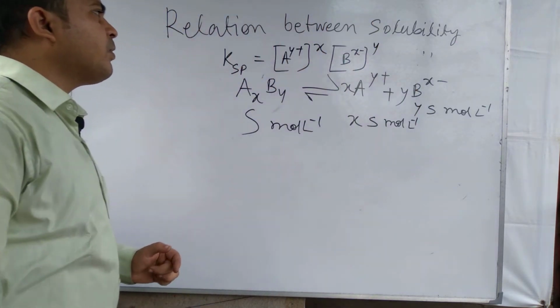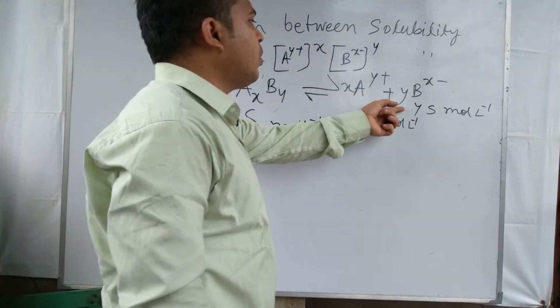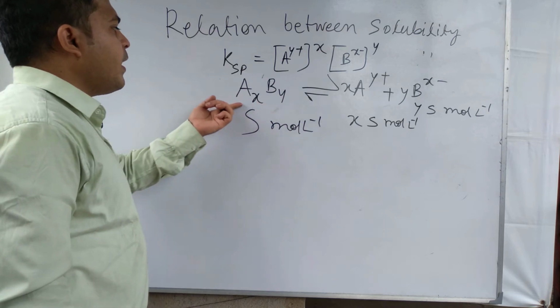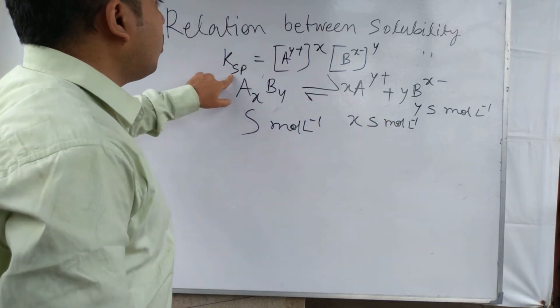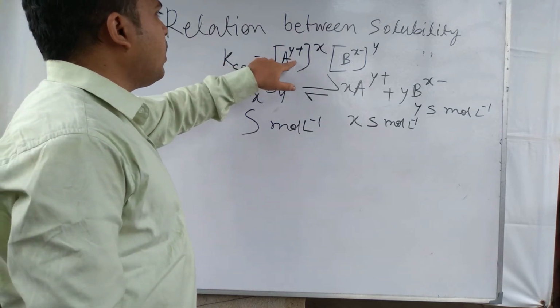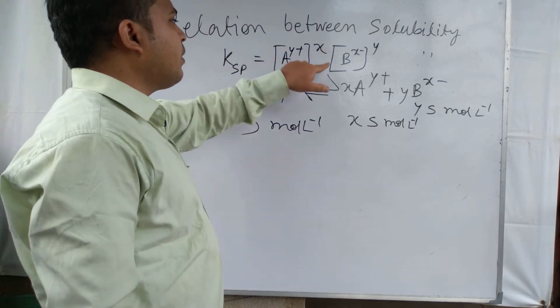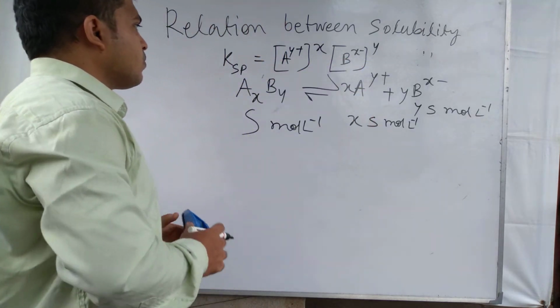This is the expression for solubility product for this equation AxBy. The expression of solubility product is Ksp equal to [A^y+] to the power x and [B^x-] to the power y.